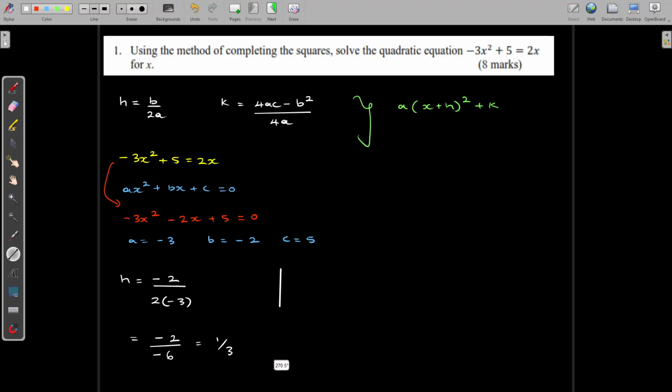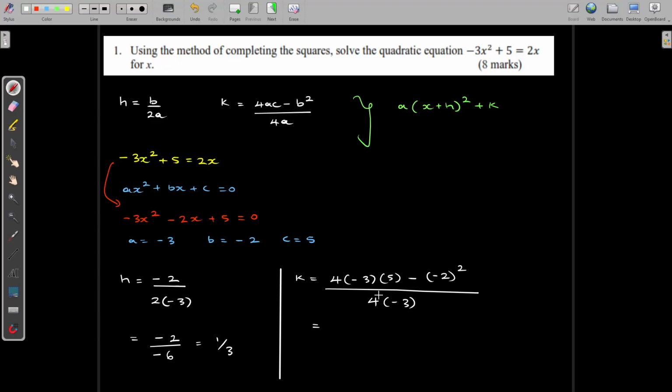We're going to do the same to find what k is equal to. So k is equal to 4, a, which is negative 3, c, which is 5, minus, and always ensure you put brackets around whatever you're substituting, so that's negative 2 all squared, over 4 times negative 3.